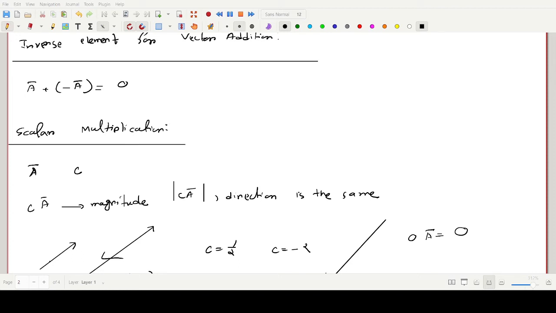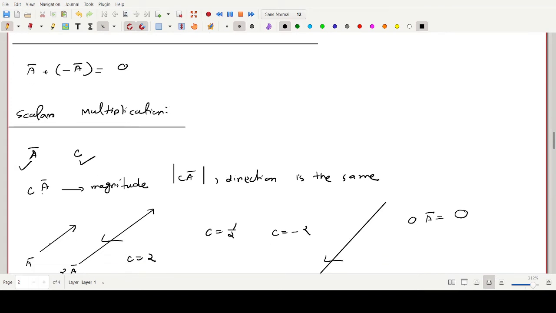Let's say we have a vector A and C is a scalar. Now if you multiply A by C, the magnitude becomes C times the magnitude, and the direction is the same. CA and A have the same direction.